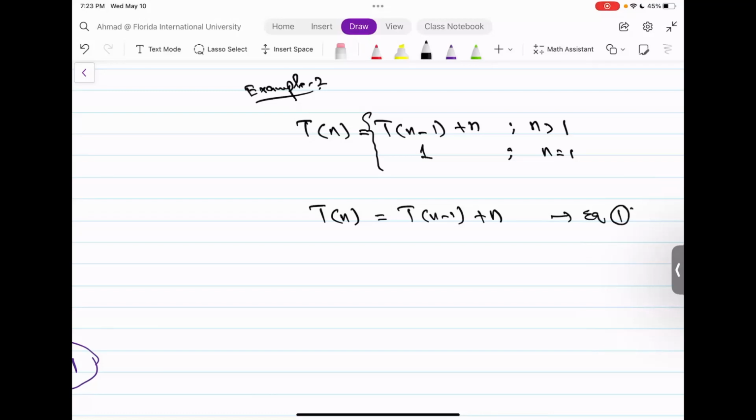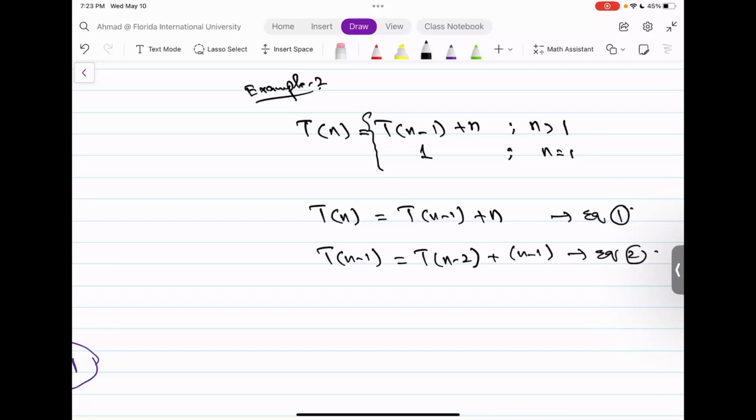And now I have to follow the backward substitution. So I am going one step backward, meaning I'm going to substitute n minus 1 in place of n. So n minus 1 in place of this n gives me n minus 2, plus in place of this n, I'm going to substitute n minus 1. Let me call this equation number 2, right?